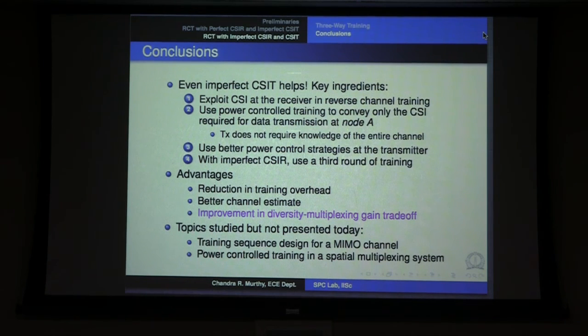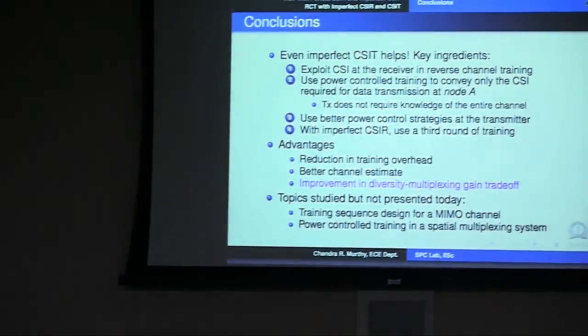For example, V, the channel singular vector, is not known to node A, but still you can use V as a training signal because you don't want to estimate V at node A. You just want to estimate the singular value of the channel at node A. So exploiting channel state information at the receiver helps.